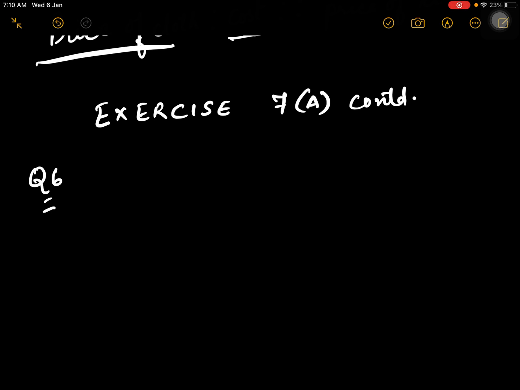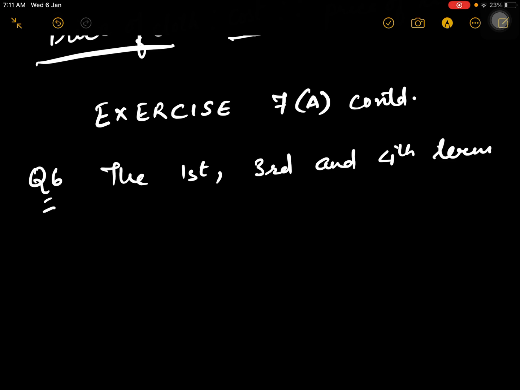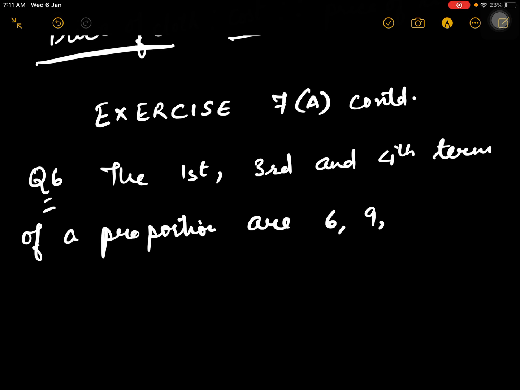Question number 6: the first, third, and fourth term of a proportion are 6, 9 and 36.